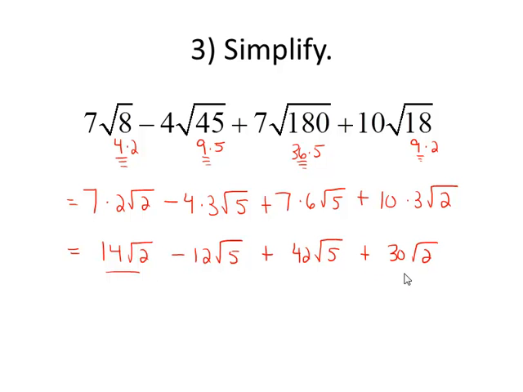I'm going to combine these two radical expressions together because they are like radicals. 14 plus 30 is 44 square root of 2. And then the two terms on the inside here are also like radicals. So negative 12 square root of 5 plus 42 square root of 5. Negative 12 plus 42 is plus 30, and that's going to be the square root of 5.